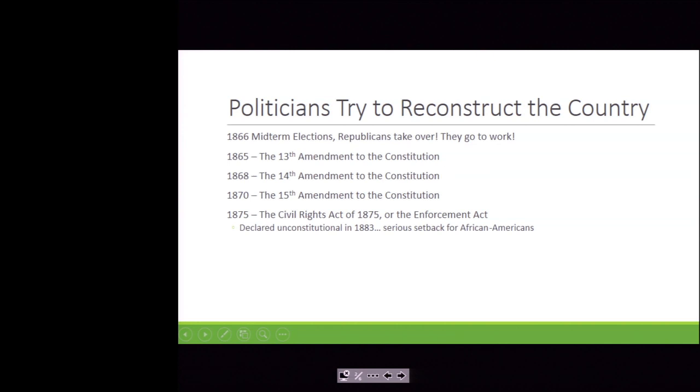Very important piece of legislation, but it doesn't last very long. In 1883, it's declared unconstitutional, and it is a serious setback for African Americans because it is the last piece of civil rights legislation until the 1960s. A long time.